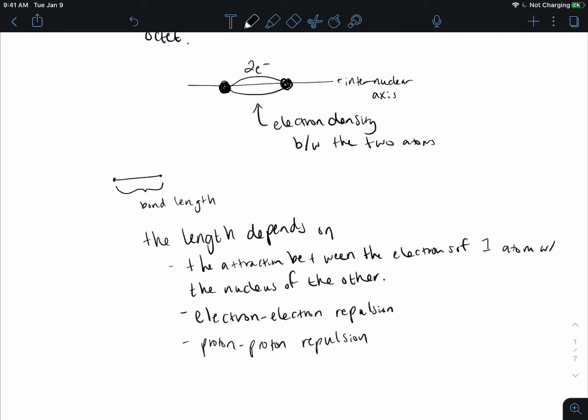Okay, so the bond length itself is the balance between attractive and repulsive forces.